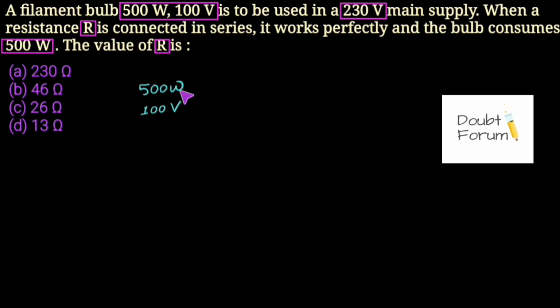From the basic formula of power, that is V into I, and from Ohm's law, V equals IR, we can derive two more formulas of power: I square R and V square by R. We can apply any of these three based on our requirement.